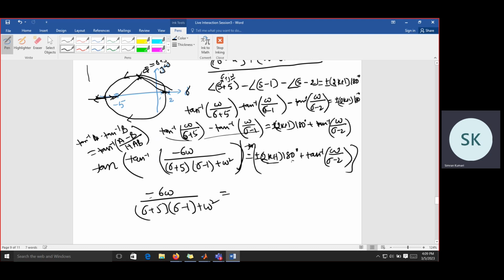Now tan of this angle. If we see the plot of tan, it's like this one. From minus 90 to 90, it approaches infinity at 90, and at any multiple of 180 you can say this will be 0. So this will go to 0.